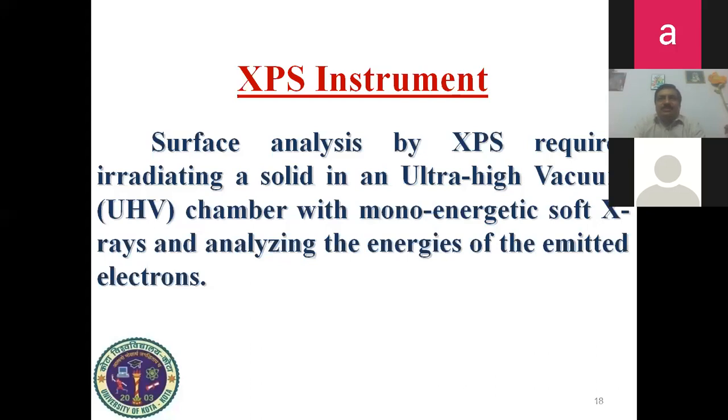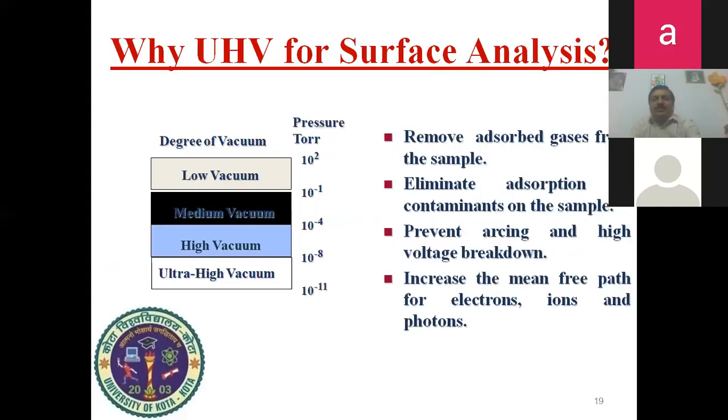That's why these measurements are always kept in ultra high vacuum. I hope all of you are familiar with vacuum, where low vacuum is of the order of 10 to the power 2 to 10 to the power minus 1, and medium vacuum starts from this range to 10 to the power minus 4. High vacuum is up to 10 to the power minus 8, and ultra high vacuum can be achieved up to 10 to the power minus 11.